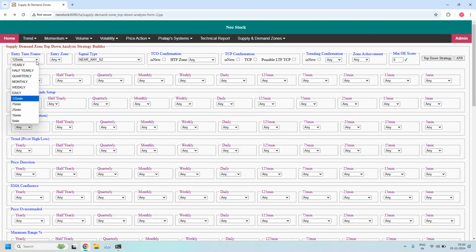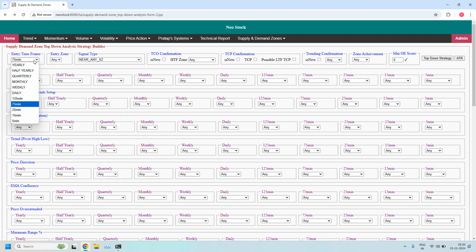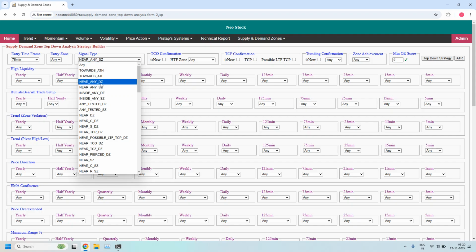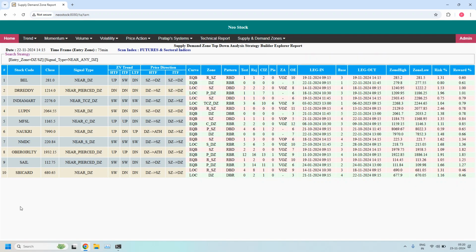Next time frame is 75 minutes. For entry time frame 75 minutes, let us find the stocks near 75 minutes demand zone. We got 10 stocks. Let's identify high liquidity demand zones.